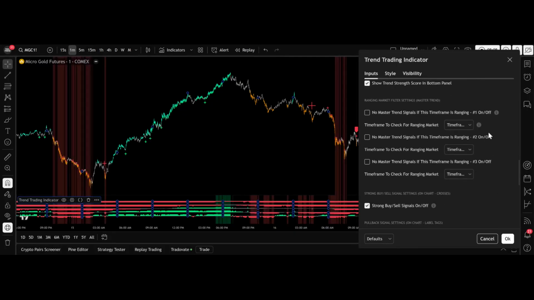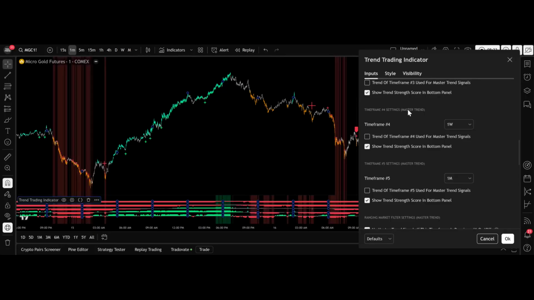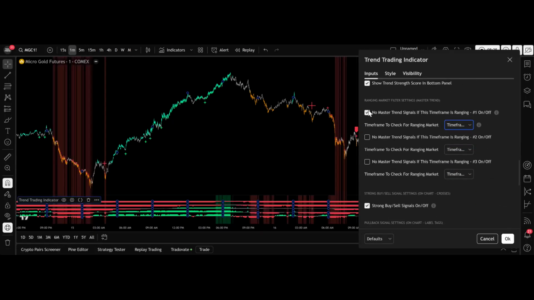So that's that part. We also have 3 ranging market filters. So basically, you can set these up. If I were to turn this on, and I set this to time frame 1, 2, or 3, which are the ones that you have up here, if this is on and the market is ranging on that time frame, then it's going to prevent any signals from coming in.